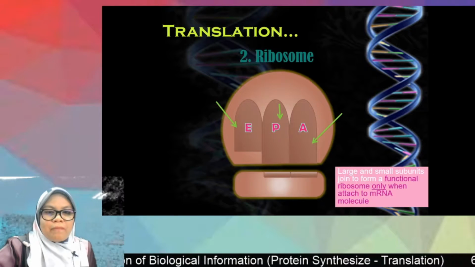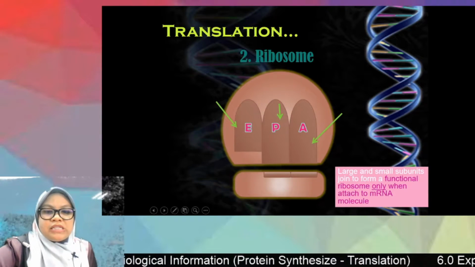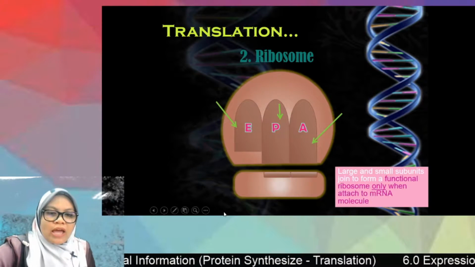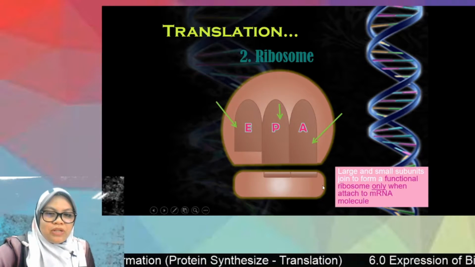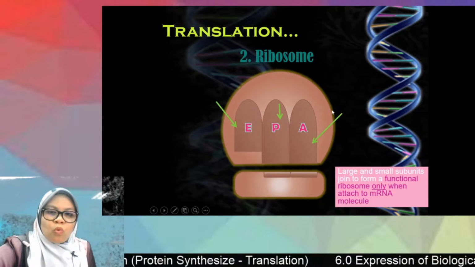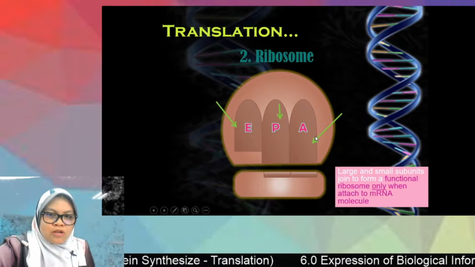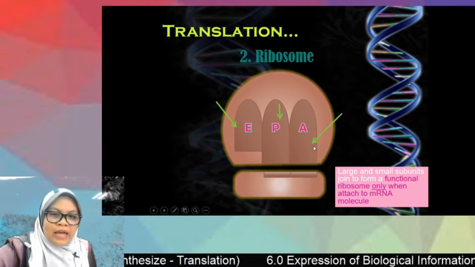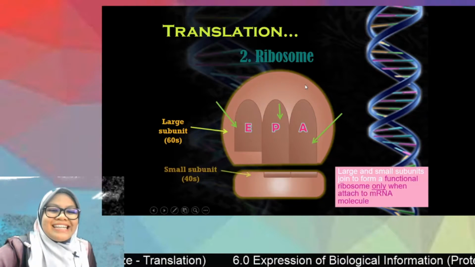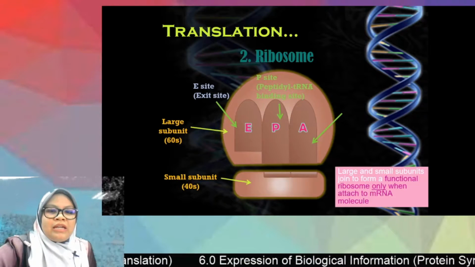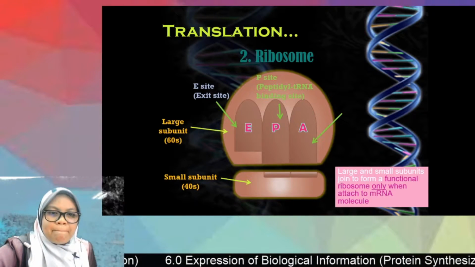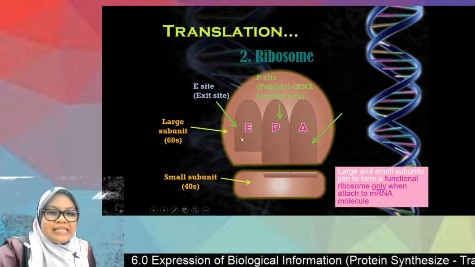The ribosome has two important subunits: this is called the small subunit and this is the large subunit. Basically, you can see that the ribosome has three sites: A site, P site and E site.